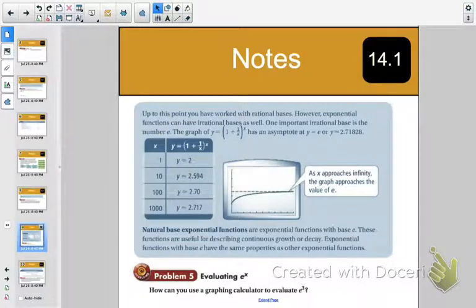If you look at this equation up here, this looks a lot like our compound interest equation, which is A equals P times 1 plus r over n, to the nt.